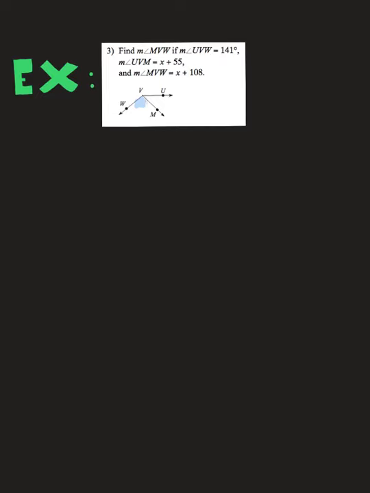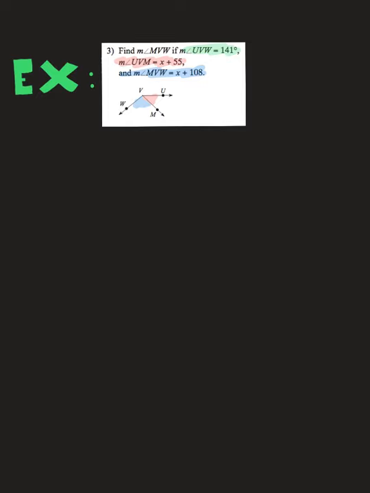This angle here, WVM or MVW, is our blue one, X plus 108. Then UVM is our red angle, X plus 55 degrees. So this right here is our total angle, UVW.